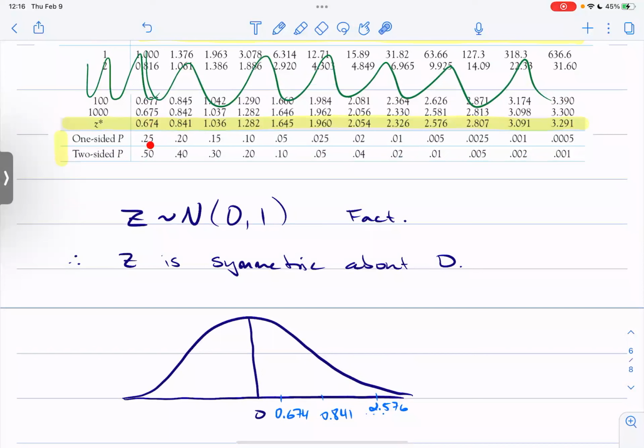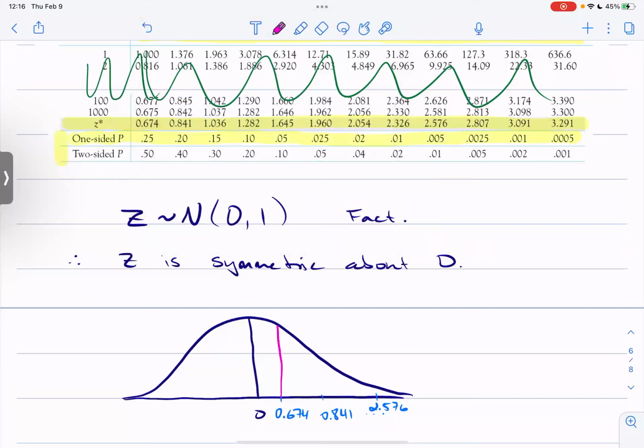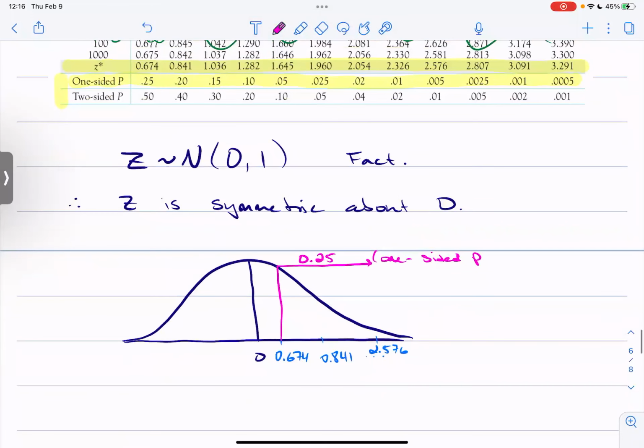So looking at the one-sided P is where I'm going to focus. Here, if I draw up, then this area is 0.25. That's the one-sided P for Z equal to 0.674.